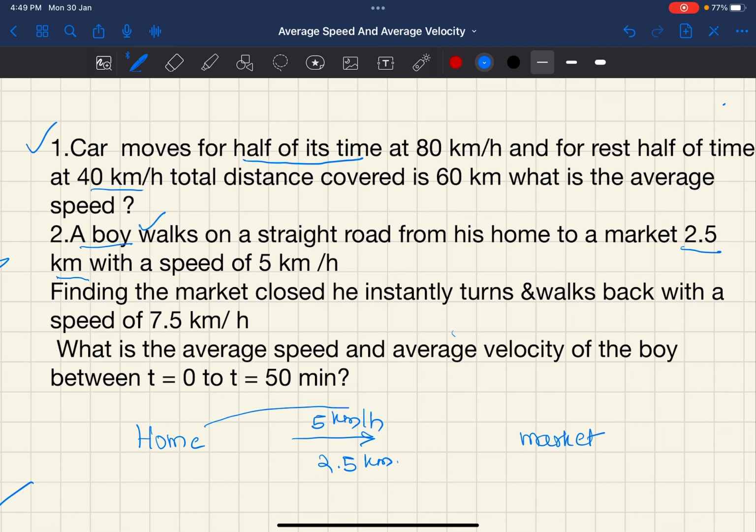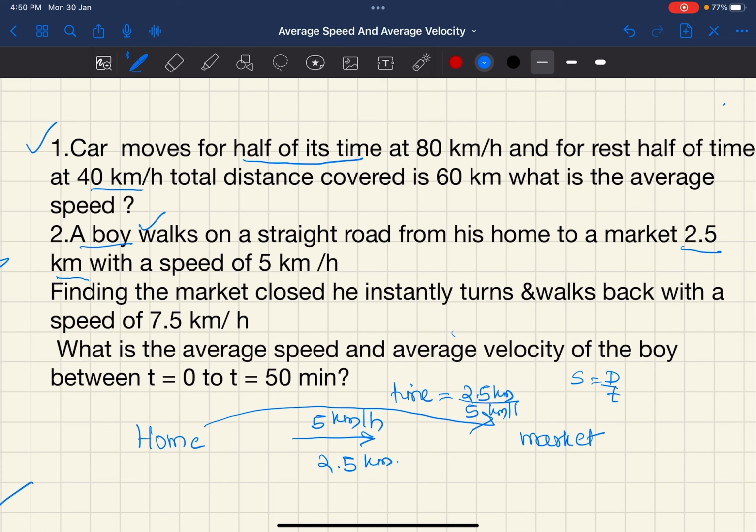It is a straight line. Because speed is distance upon time, time is distance upon speed. So distance is 2.5 kilometers and the speed is 5 kilometers per hour.